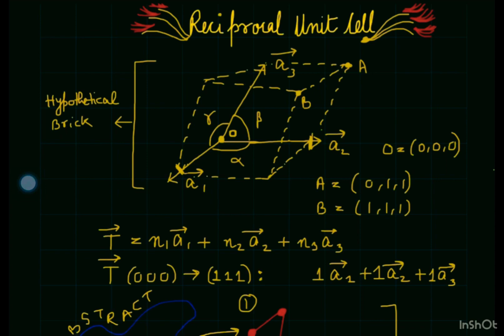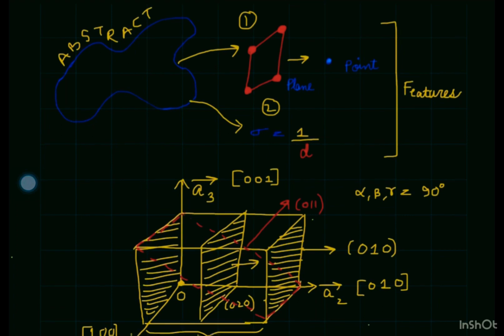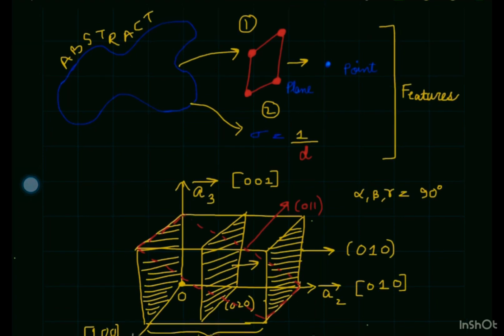Now that we know about the basics of the conventional unit cell, let us dive into the topic of today's video, the reciprocal unit cell. The concept of the reciprocal unit cell is rather abstract. The vectors that form the reciprocal cell lie in the reciprocal space.